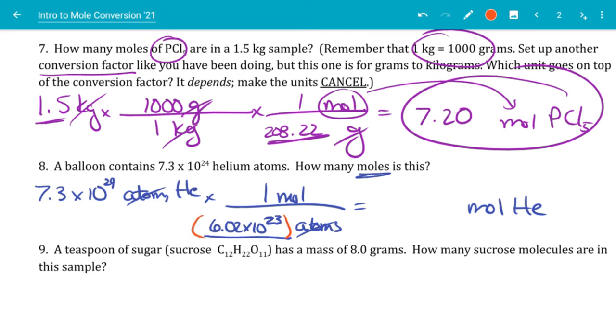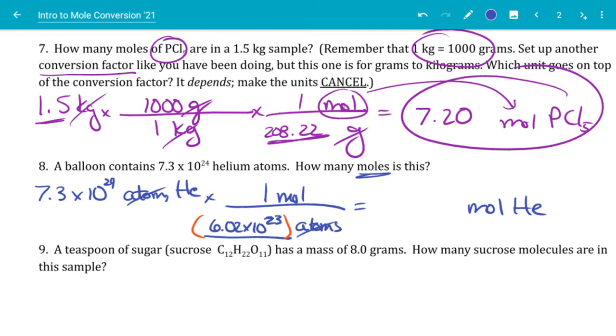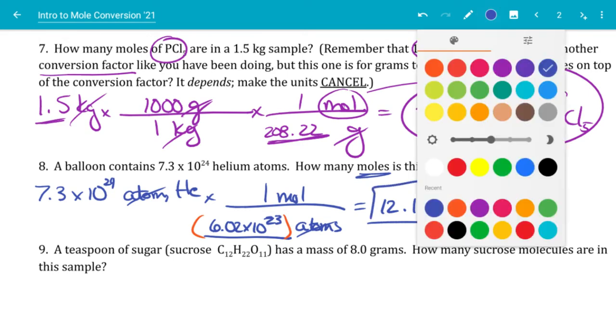Put this in parentheses or it will be wrong. Okay, so divided by parentheses, 6.02 times 10 to the 23rd, close parentheses, equals, and my answer is 12.12. Nope, rounded off would be 1.3, and that is my final answer. Let me know if you have any questions.